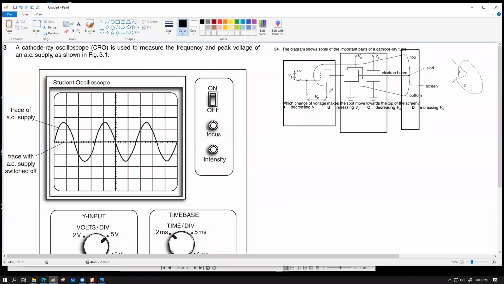The vertical axis is called Y gain, and the horizontal axis is called time base. Okay. So that's what happens for the CRO.